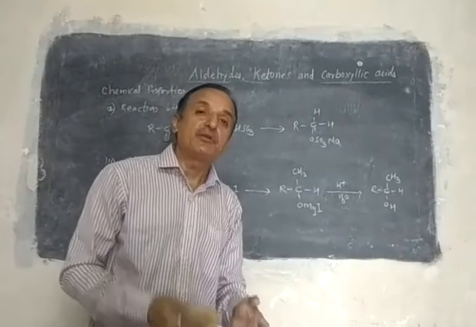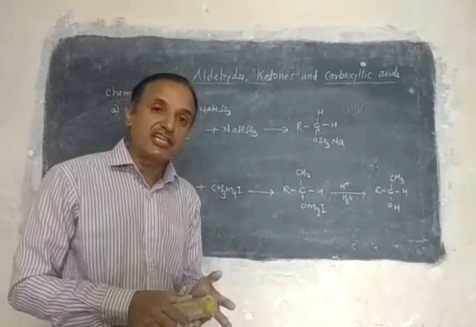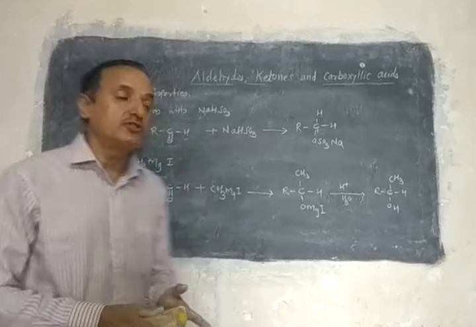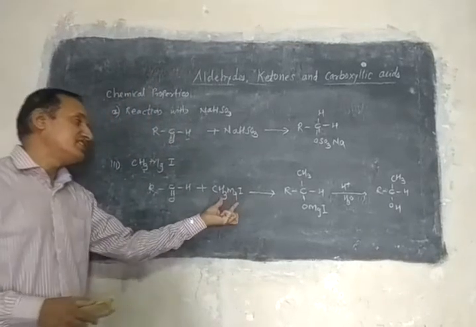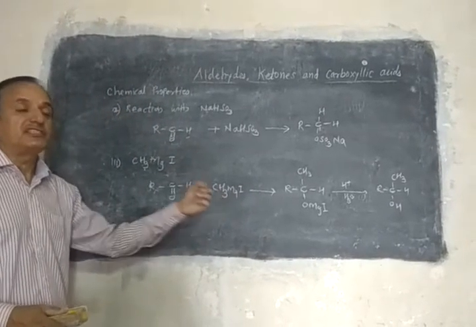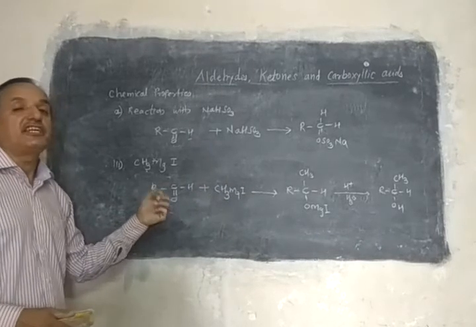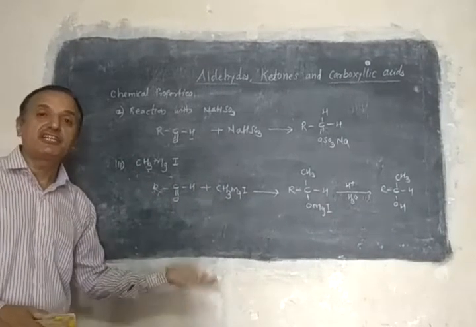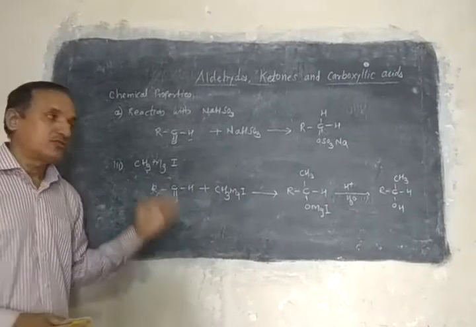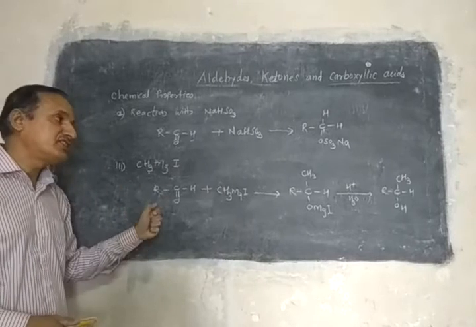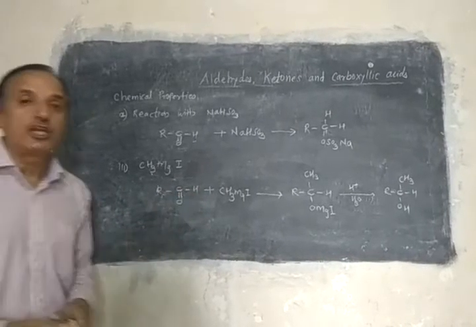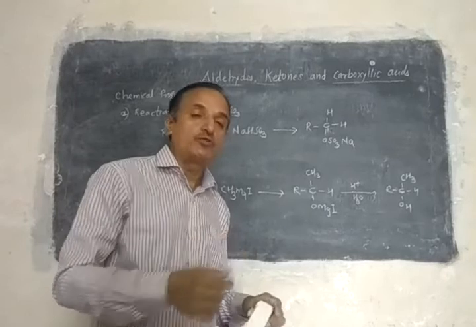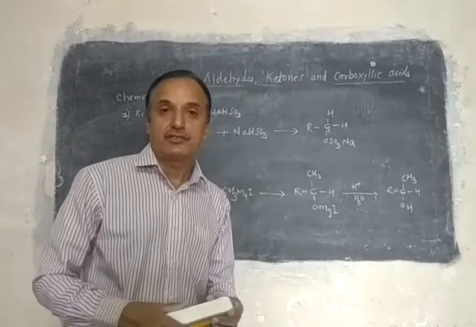So we can prepare primary, secondary, and tertiary alcohols when Grignard reagent reacts with formaldehyde, acetaldehyde, or acetone. So by aldehydes and ketones, one can prepare alcohols, which are primary, secondary, and tertiary.